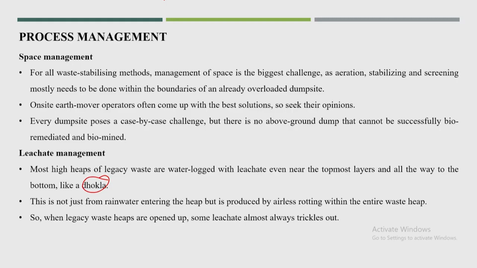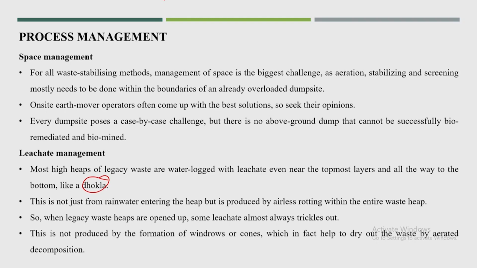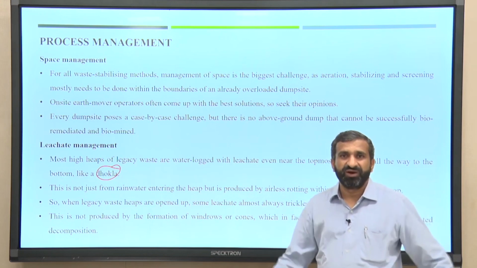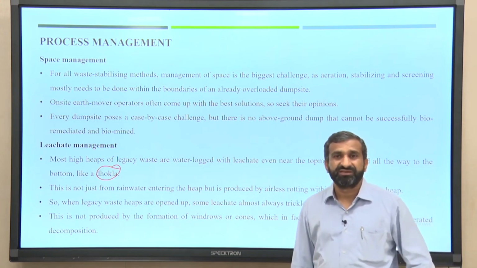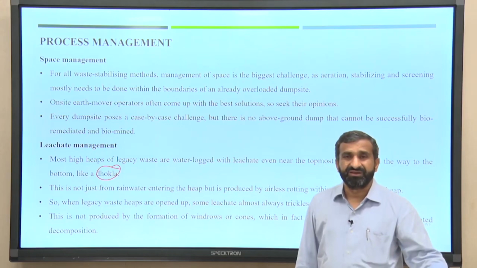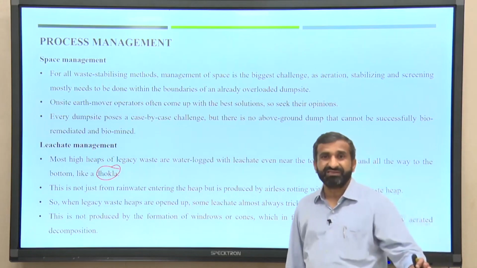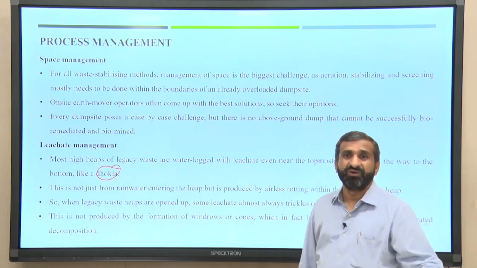When legacy waste heaps are opened up, some leachate will almost certainly come out. This is not produced by the formation of windrows or cones, which in fact help to dry out the waste by aerated decomposition. So also be ready, and provide some drains for such leachate when you go for the windrow facility, as there is a chance that leachate will come out.